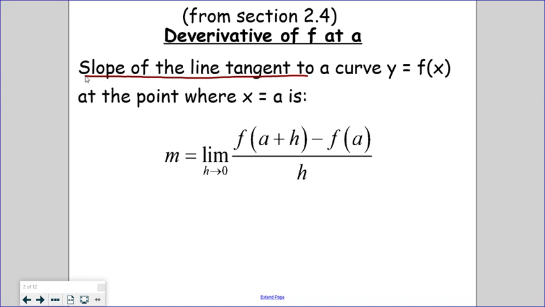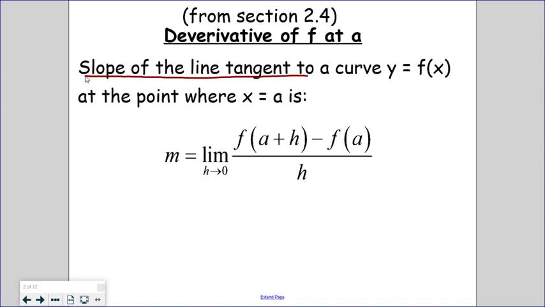That formula should look very familiar to you because we had that last chapter. We just used it to find an instantaneous velocity or an instantaneous speed. You remember that phrase and that formula? It's the same thing. They are the same thing. Okay? So if you remember what that was, we were making h become 0 because we were looking at the slope.